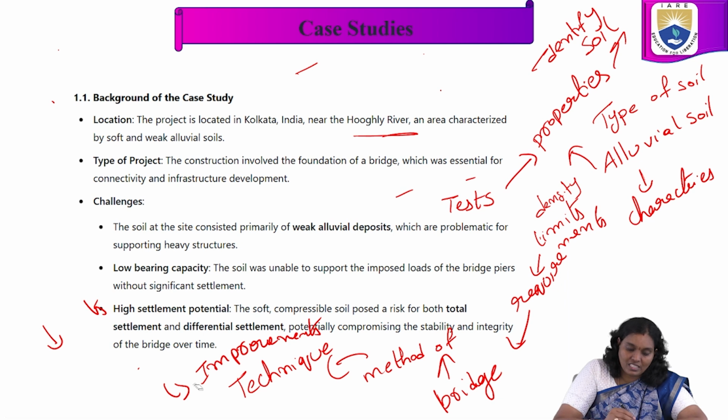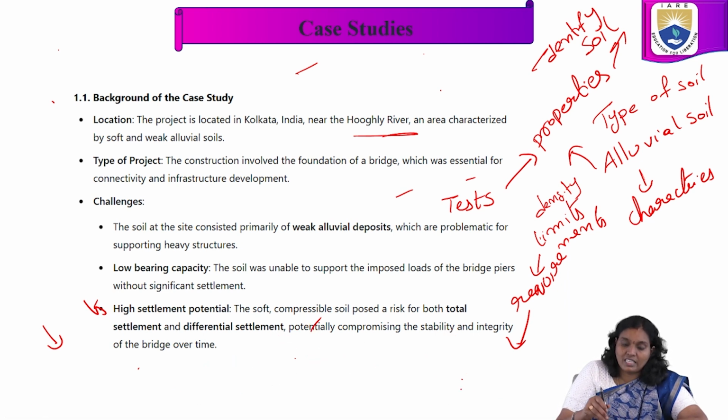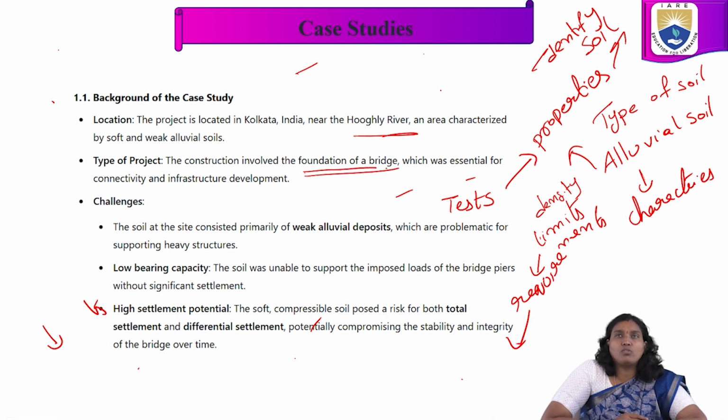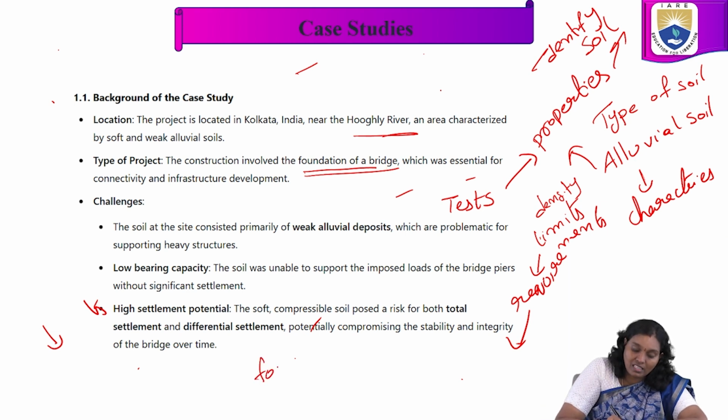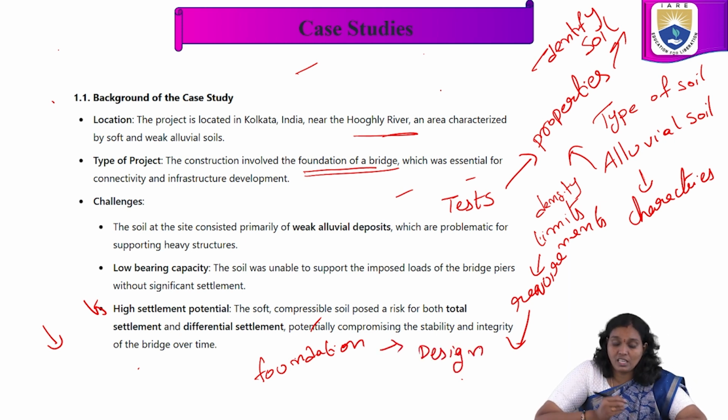Based on the type of project, the element is the foundation of the bridge, so we are going to concentrate on that foundation: the elements and design parameters involved in this foundation. We have to concentrate on understanding the requirements of the soil.